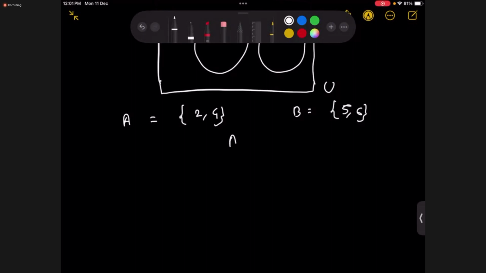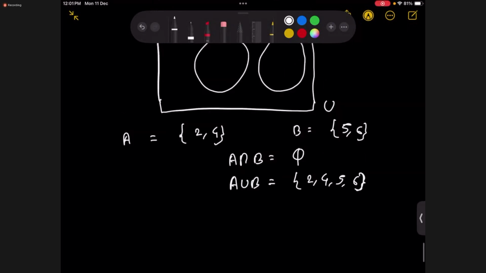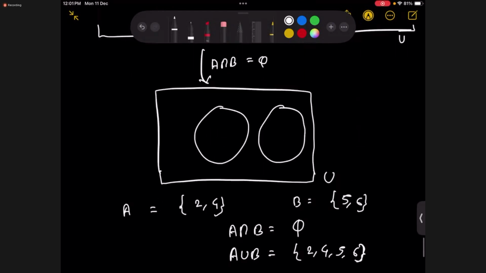Then A intersection B is empty, and A union B equals 2, 4, 5, 6. Okay. So by this you can say that when two sets are disjoint, then the intersection is empty.